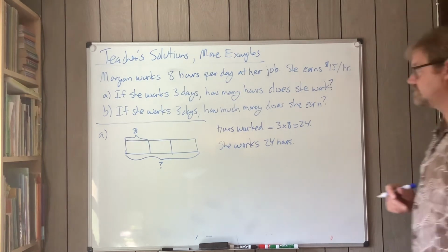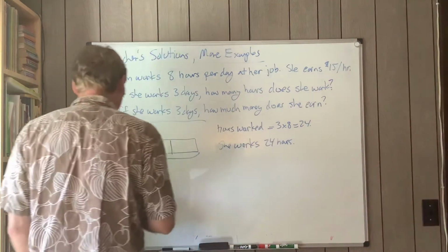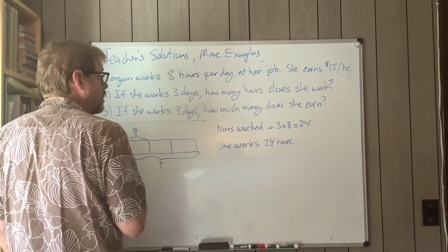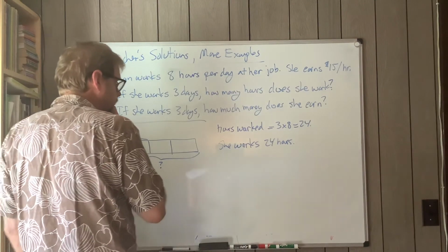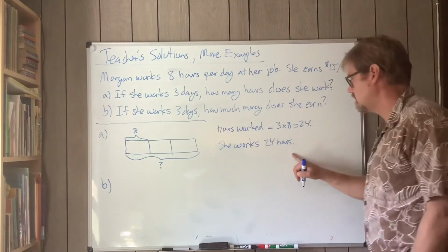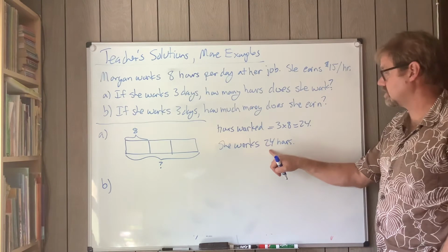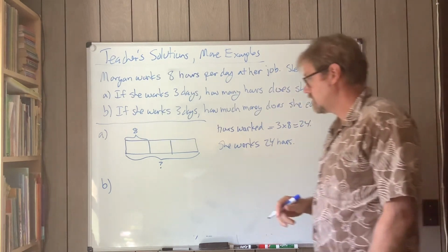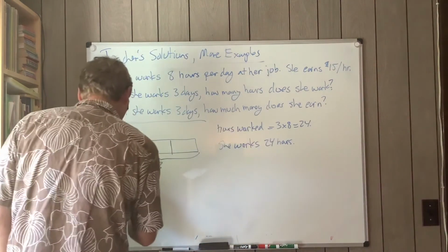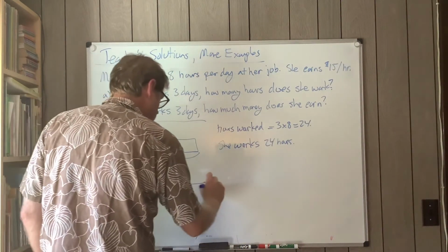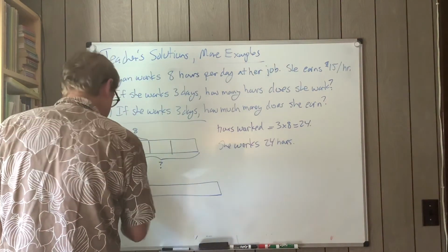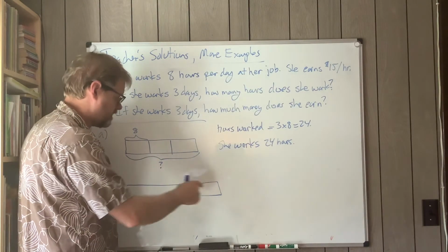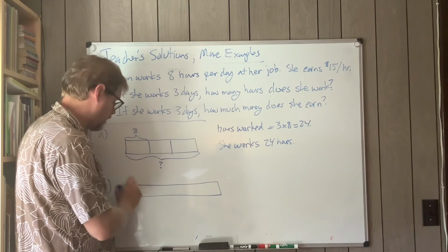Okay, if she works 3 days, how much money does she earn? Well, we know how many hours she worked. We know what she earns. So this is again going to be just multiplication. Now one thing I could do is draw a line that basically has 24 little boxes.